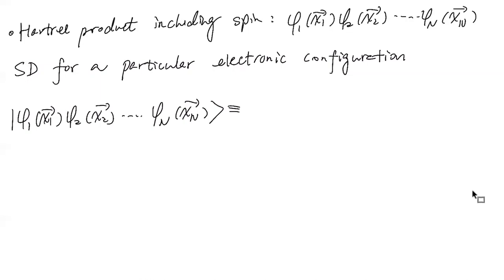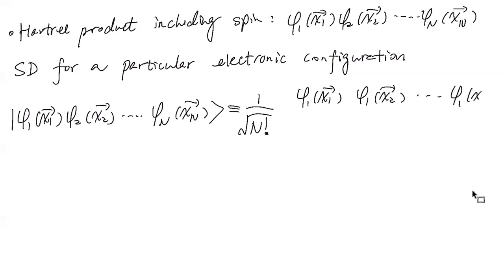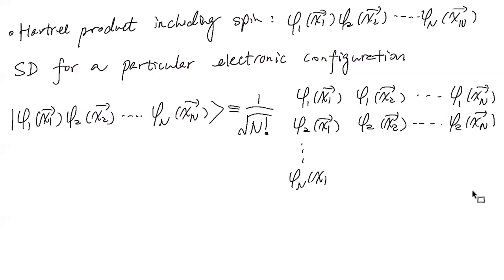This is simply 1 over square root n factorial times the determinant with rows phi 1 x1, phi 1 x2, to phi 1 xn; phi 2 x1, phi 2 x2, to phi 2 xn; down to phi n x1, phi n x2, to phi n xn.